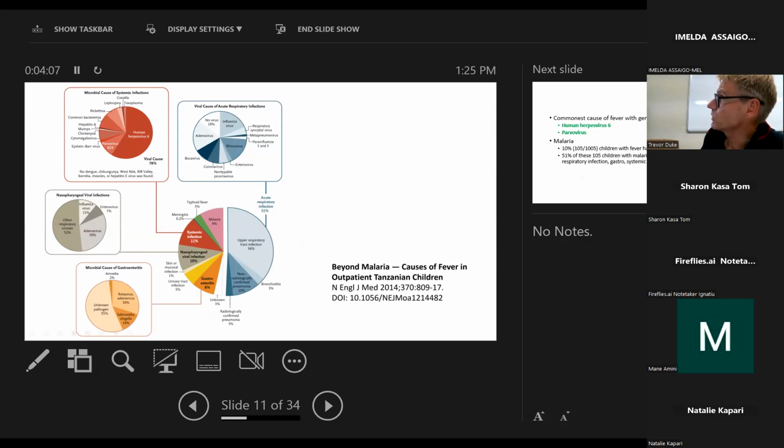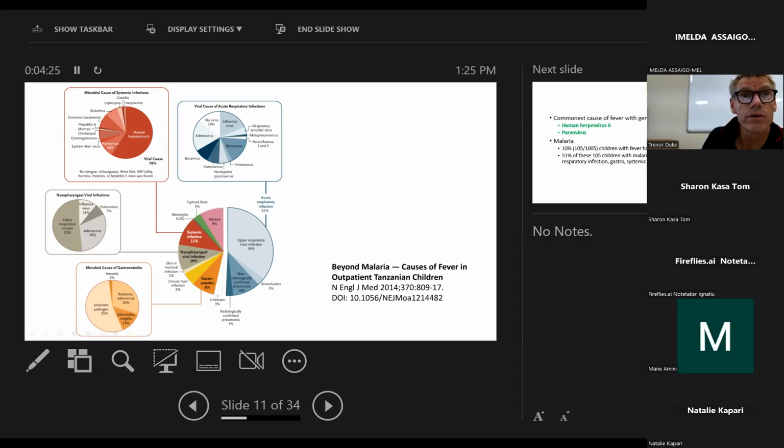Of those that were causing systemic infections, like sepsis in children, like septicemia, right? A lot of them were this virus called herpes virus 6, HHV6. That was, at least in Tanzania at the time, common, and also parvovirus.